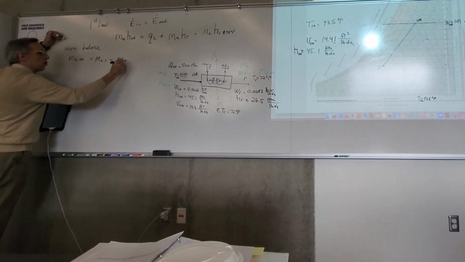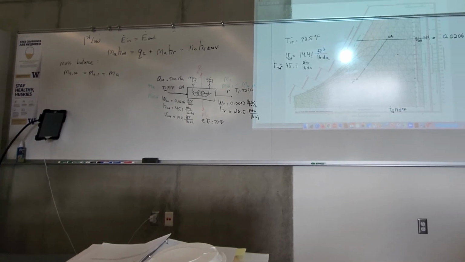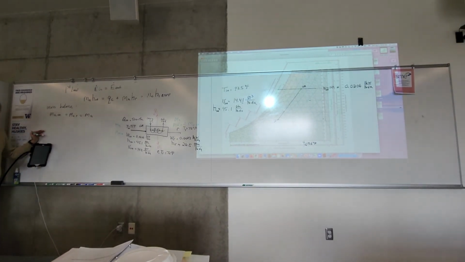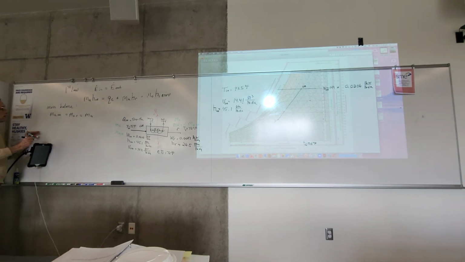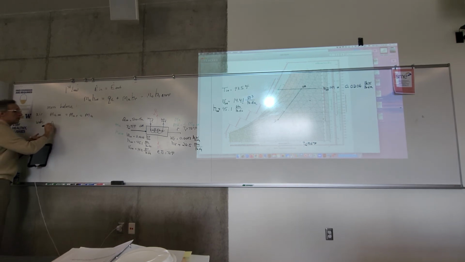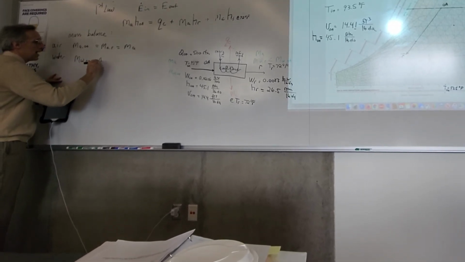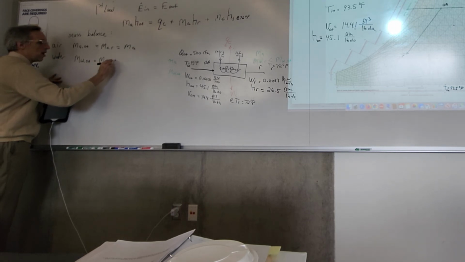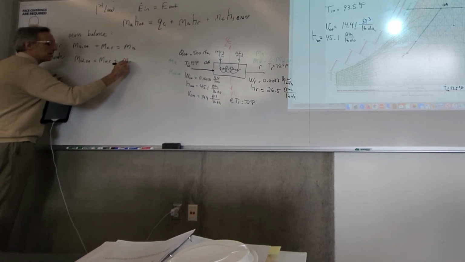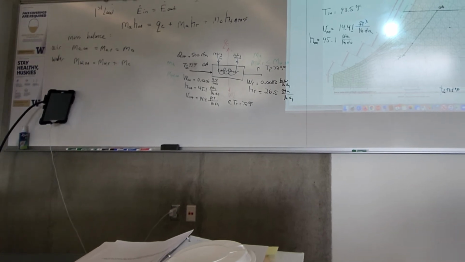And so we just call it mass of air because it's constant all the way through. Something we saw in a lot of our thermo problems where you just have one stream in and one stream out. So that's our air balance. And then our water balance is the mass of water going in equals the mass of the water coming out plus the condensate, right? Water in equals water out.